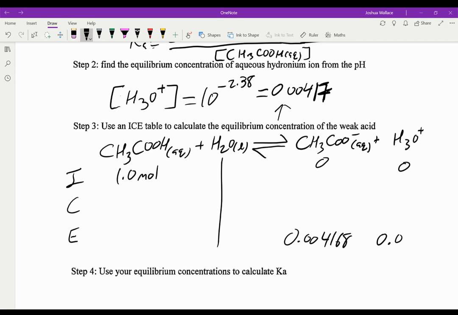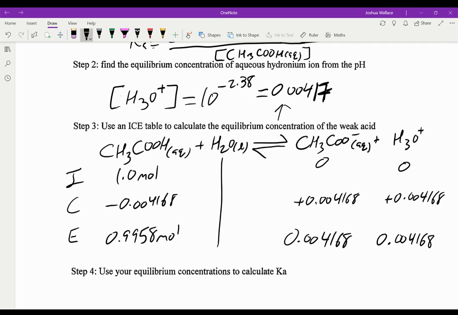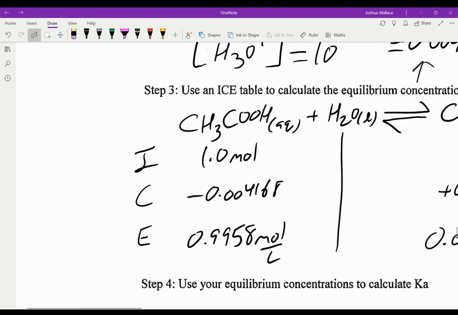Same here for H3O+, 0.004168, which is what's being added, so plus 0.004168. Sometimes ICE tables are tedious, but they really help us break it down and make sure that we don't get messed up. So we subtract that 0.004168 from the initial, and we get 0.9958 moles per liter, like so.